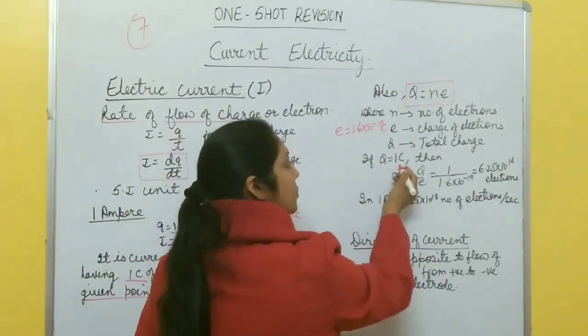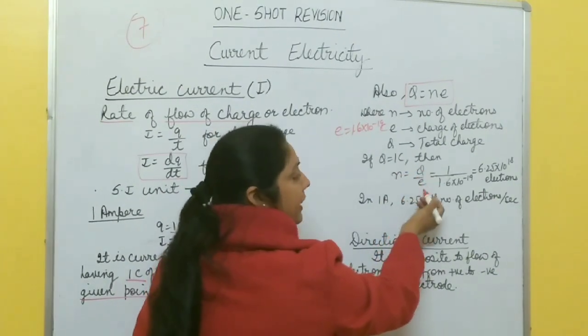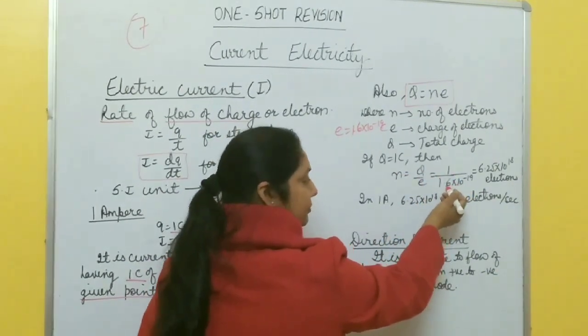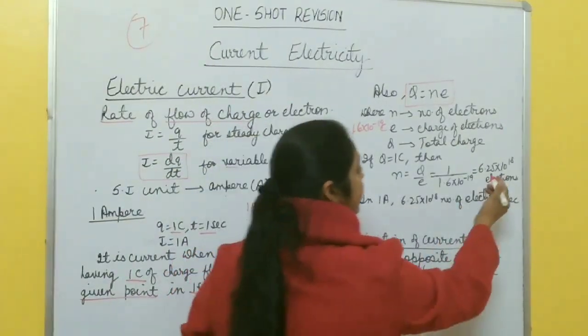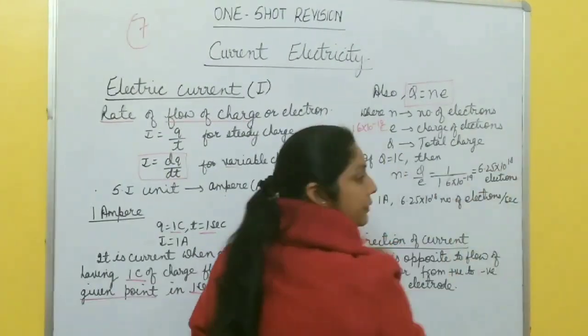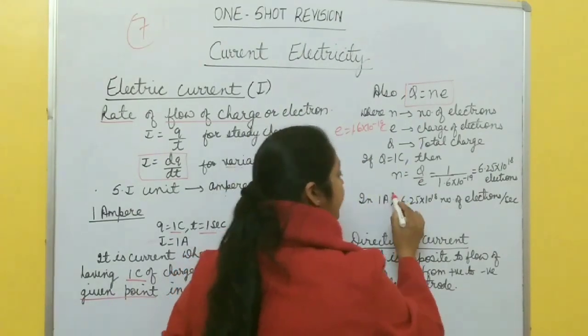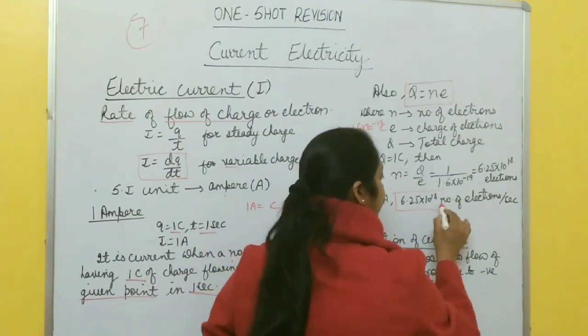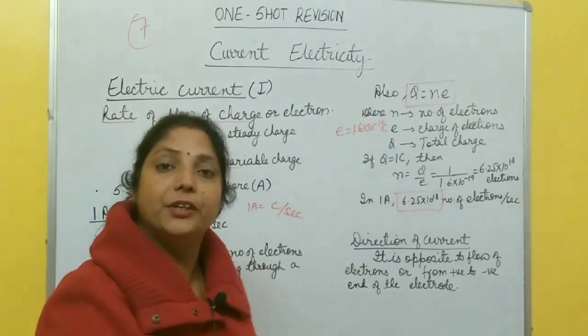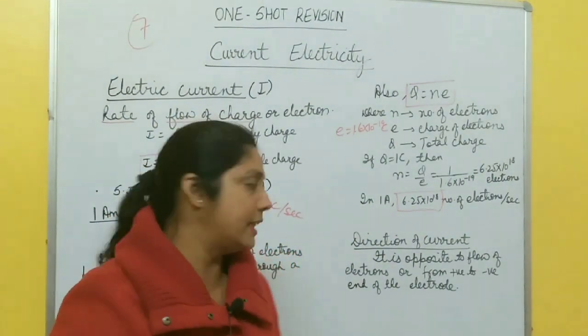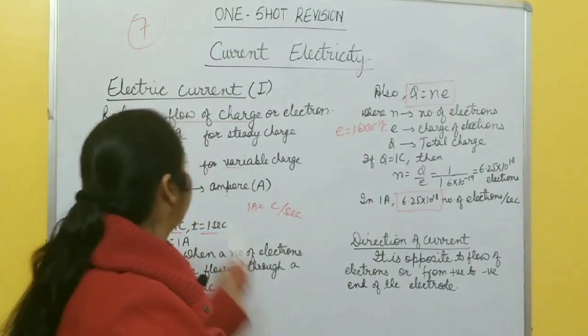So when Q is 1 coulomb, N becomes Q by e, which is 1 divided by 1.6 into 10 to the power minus 19. After calculating you get 6.25 into 10 to the power 18. It means in 1 ampere, 6.25 into 10 to the power 18 electrons flow through a given point in 1 second. Right? So hope you understood this one.